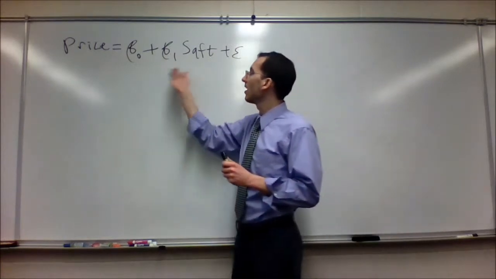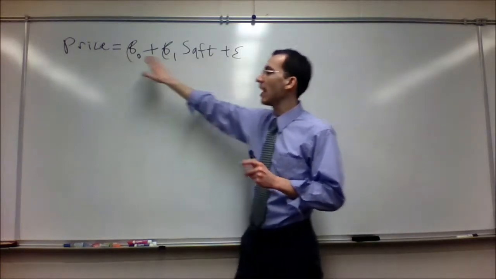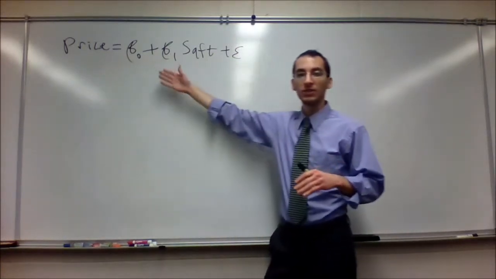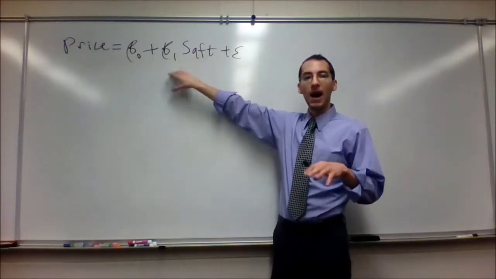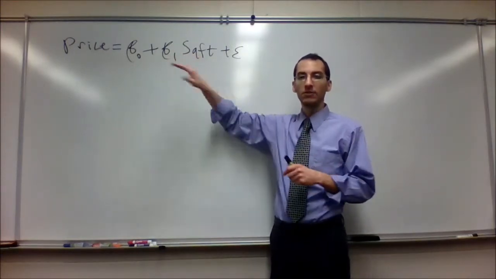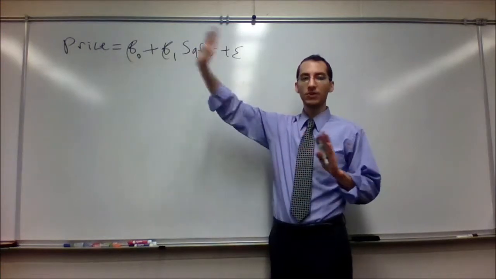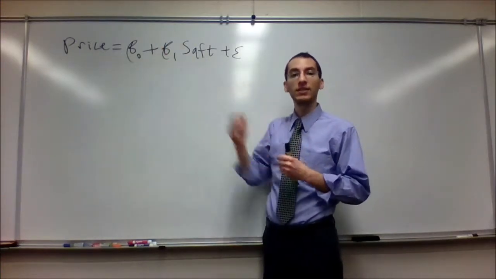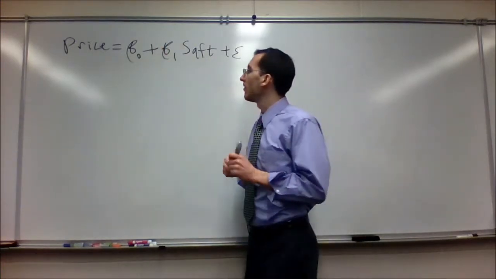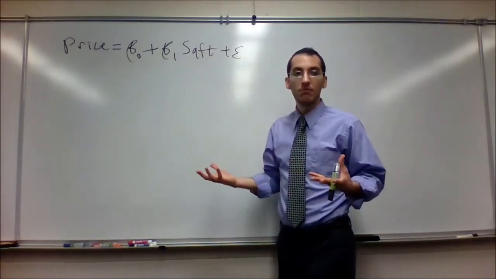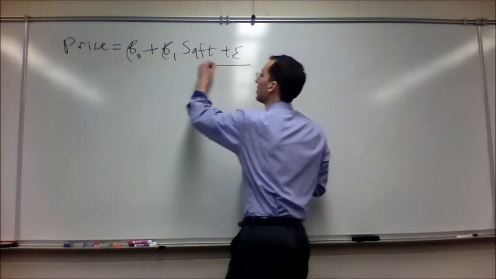So as you can tell, I have an error term and there are no hats on anything. So this is my theoretical population model that describes what's out in the universe and what I'm trying to get to. So if I, for example, I'm just going to make up some numbers here.